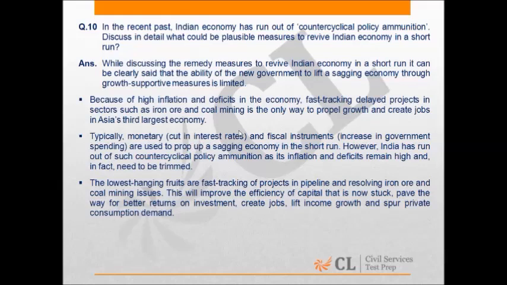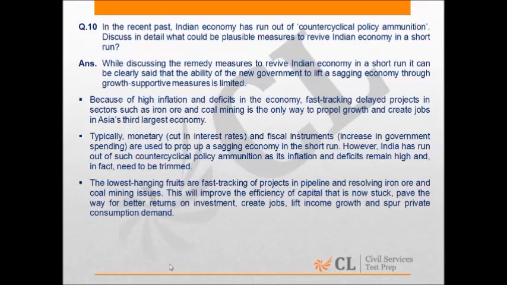Other than this measure, monetary and fiscal instruments like cutting the interest rates or trimming other measures to control monetary policy and other financial instruments are also needed. Apart from it, timely clearance and timely completion of the projects in pipeline and resolving iron ore and coal mining issues, because they are the major energy fueling sectors.